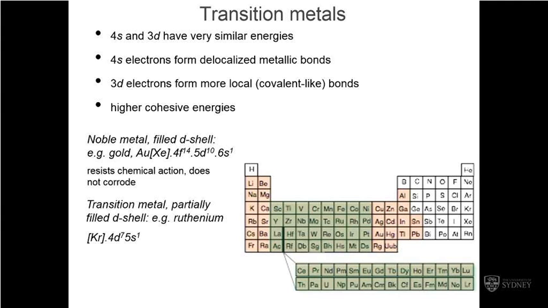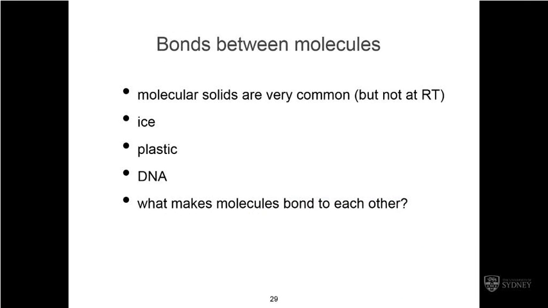Okay, so let's come to the next kind of bonding. This is what is called hydrogen bonding, if you like. What kind of systems does hydrogen bonding occur in? Molecular solids. This means room temperature.